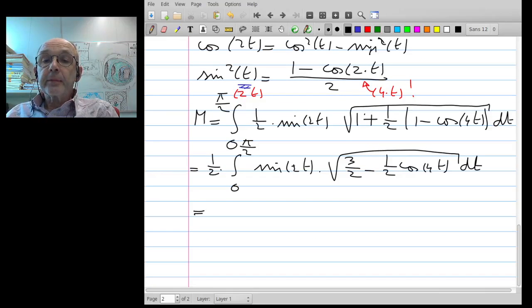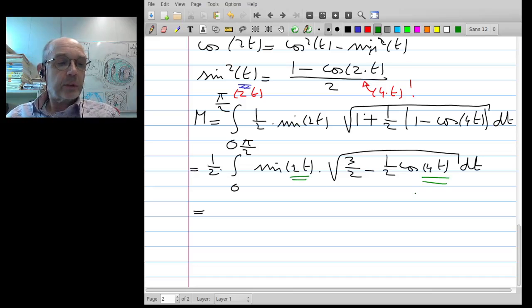Now we have already done something, but it is not so nice, because I have here the 2t and I have here 4t, so I'm not completely happy with it. Now what to do then?